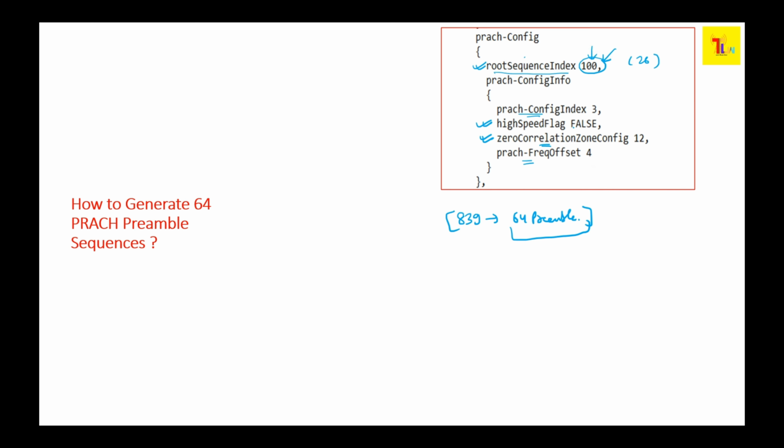And if you are talking about the zero correlation zone config, it defines the cyclic shift between the multiple sequences. I have told you this is the starting point from where multiple sequences are going to be generated, and how that is done: the root sequence is basically divided into small chunks, which we call a cyclic shift.